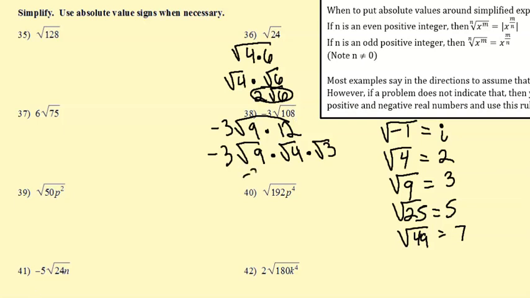So we have negative 3 times 3 times 2 times the square root of 3. And if you multiply those together, you get negative 18 times the square root of 3. That's your reduced radical.